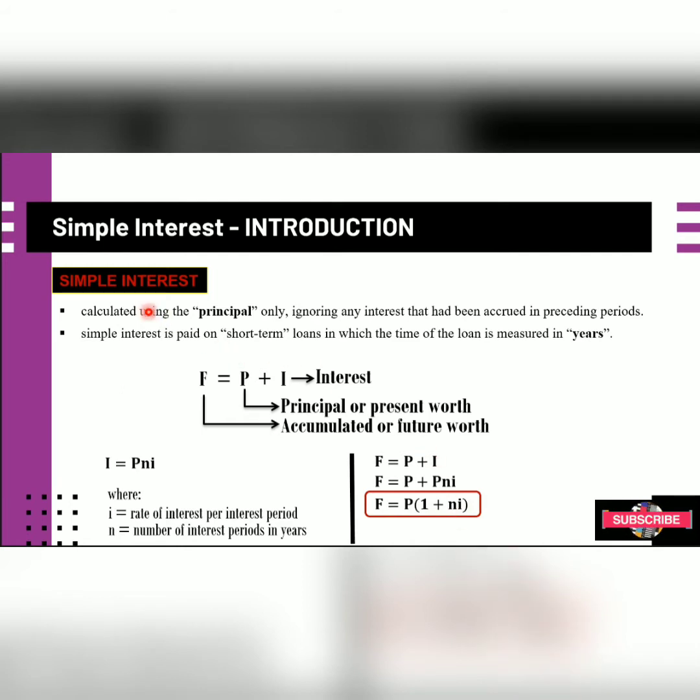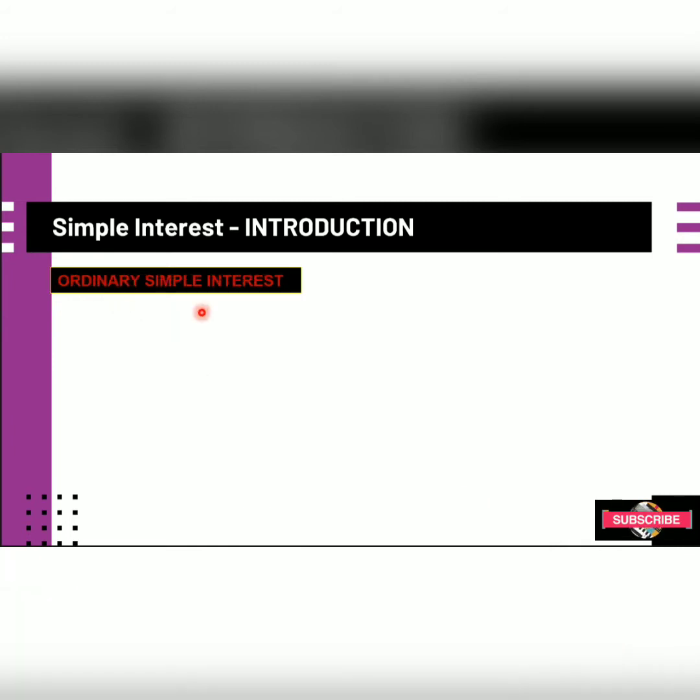Okay, and we are going to proceed now to these two types of simple interest, in which first is the ordinary simple interest, and this is computed on the basis of 12 months of 30 days each month, and this is just equivalent to 360 days in 1 year.